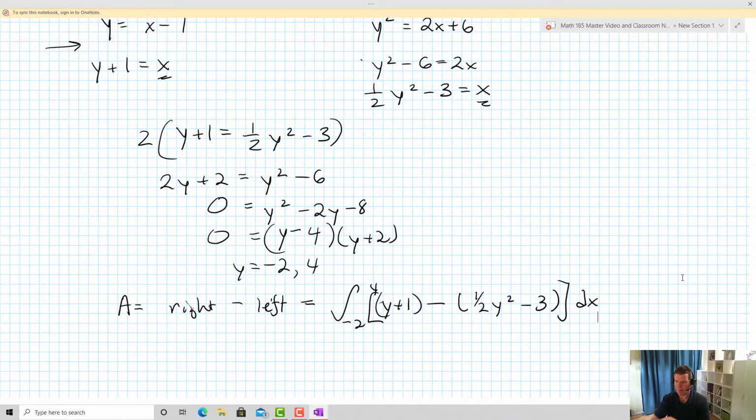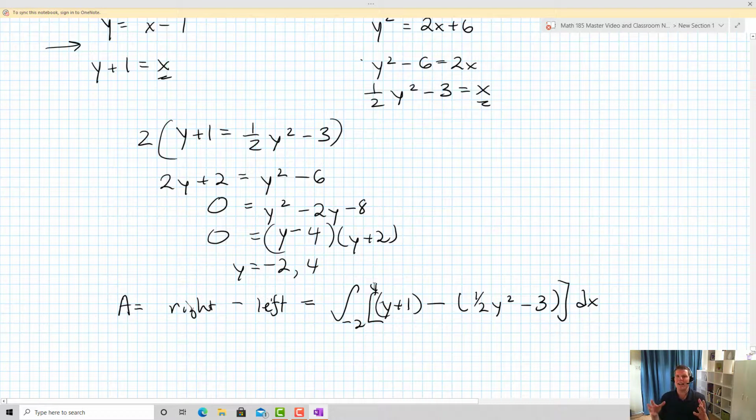And I know we're probably mirrored on video, but you can get it when you're looking at your graph: right minus left, utilizing the interval along y. So that's how we work with the area between curves.